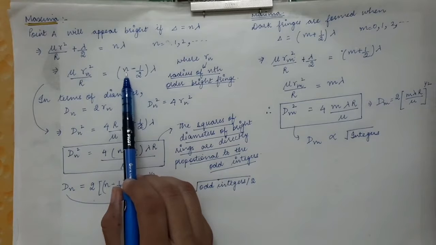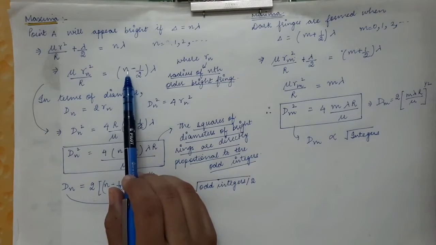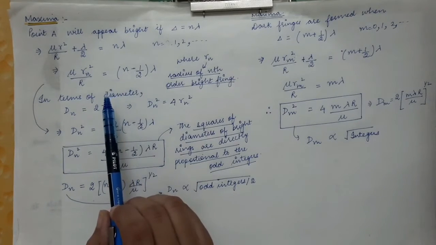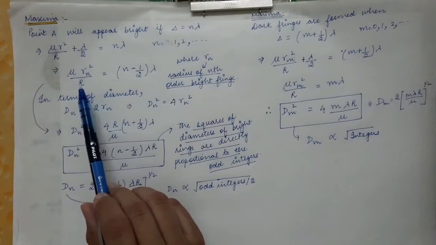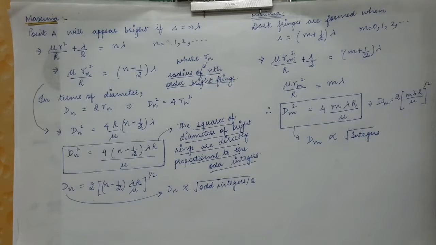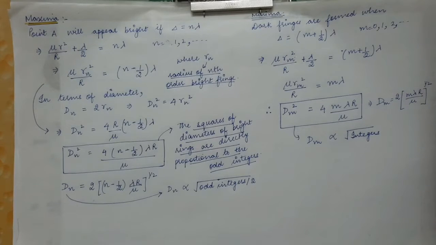Now over here n will take values 1, 2, 3, 4. n will not take a value of 0, because if you put n equal to 0, on the right hand side you will get minus lambda by 2, whereas on the left hand side all the parameters are positive. So n cannot take the value 0 in this particular expression.